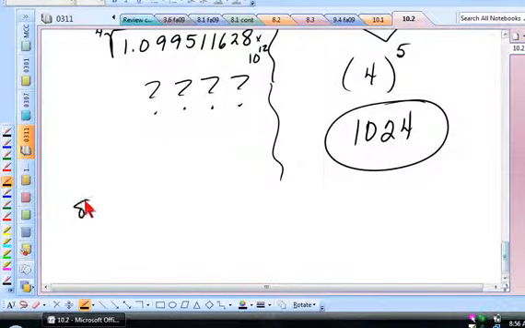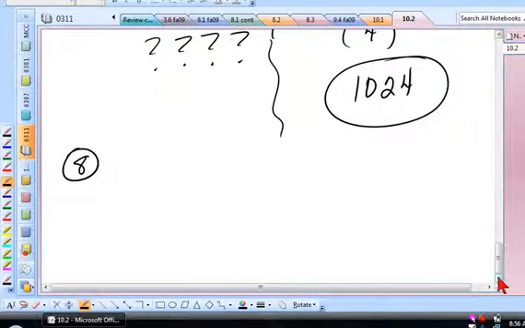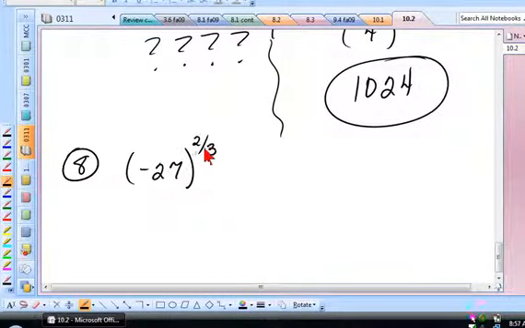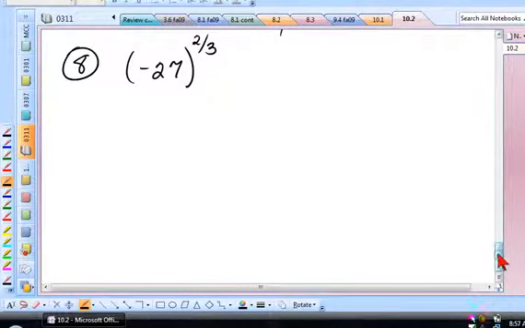All right, let's look at number 8. Numbers more manageable. It says take negative 27 and raise it to the 2/3 power. All right, the way I prefer to do it, it's going to be a cube root of negative 27.